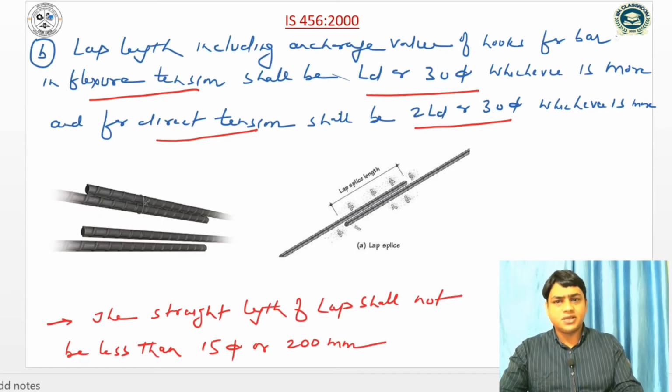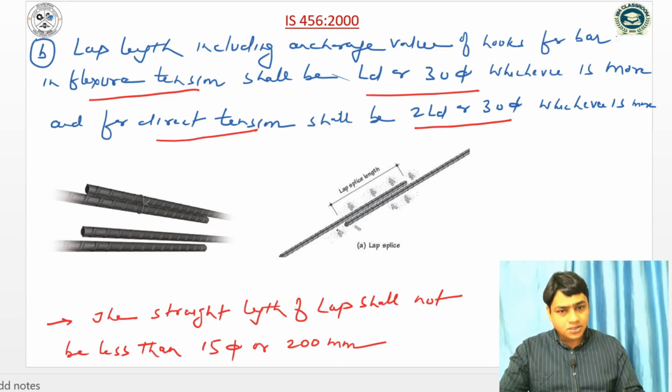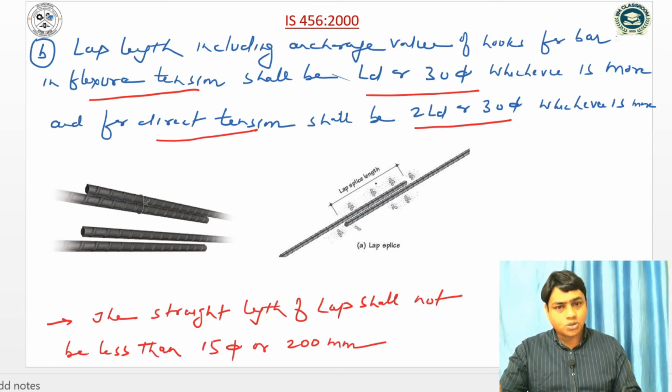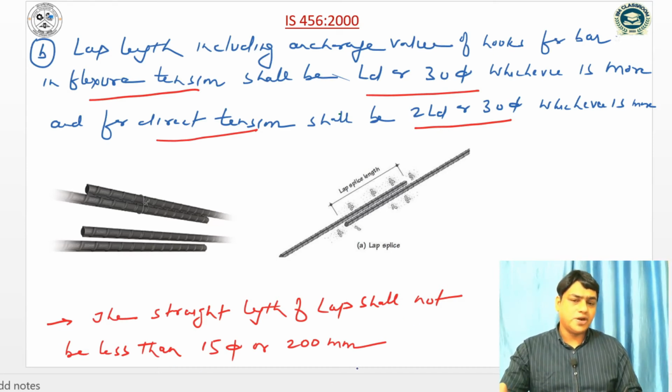So we can see various examples of splices. Here we can see that the two bars are spliced. Here also these two bars are spliced, and this is called the lap splice length. So the code suggests that the lap splice length, including the anchorage value of hook, for bars in flexural tension shall be LD or 30 phi, whichever is more, or for direct tension it will be 2 LD or 30 phi, whichever is more, and the straight length of lap shall not be less than 15 phi or 200 mm.